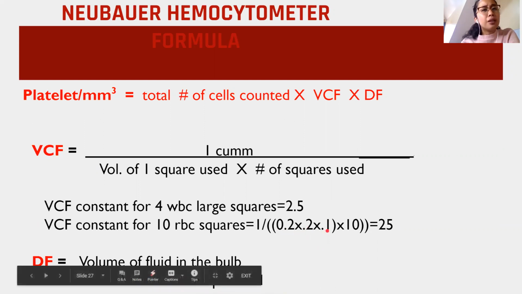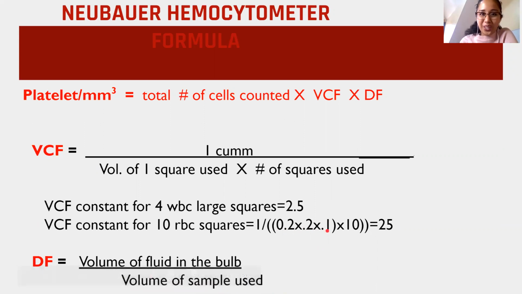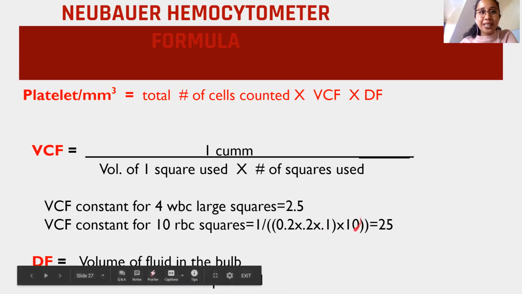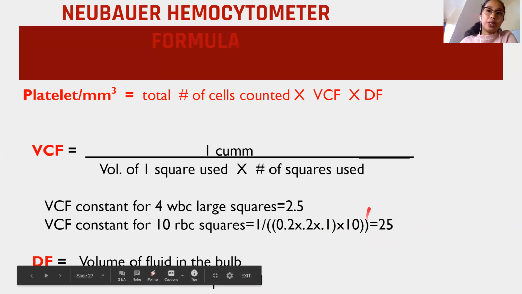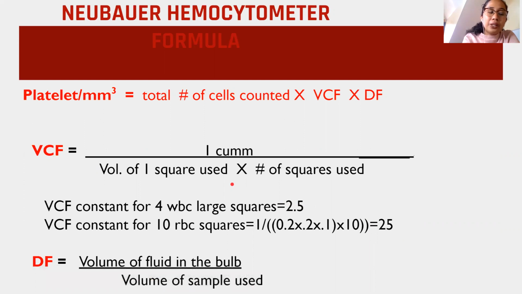Times 10, kasi 10 RBC squares. Pag sinabi ko lang 5 RBC squares, syempre mag-iiba yung VCF nyo. So, 25.